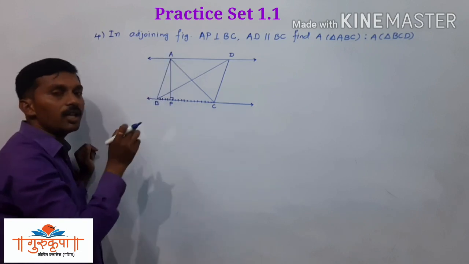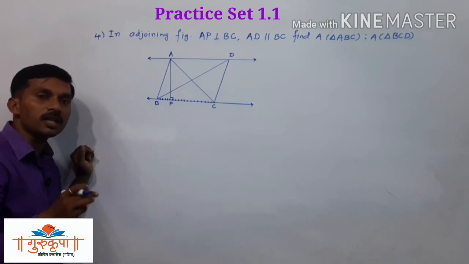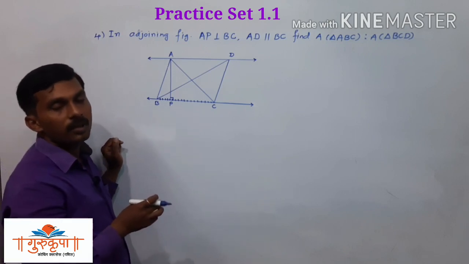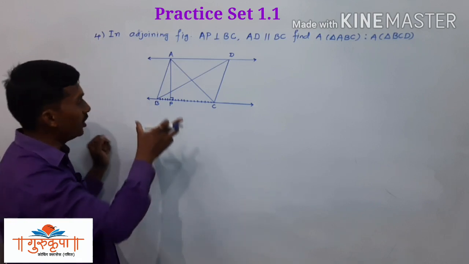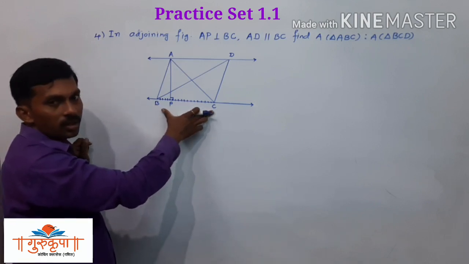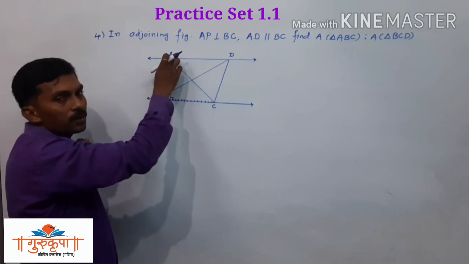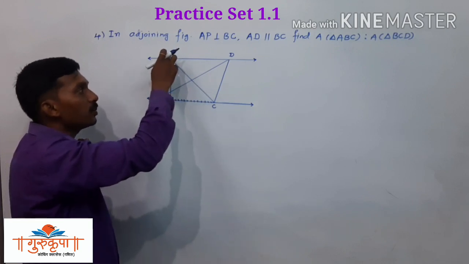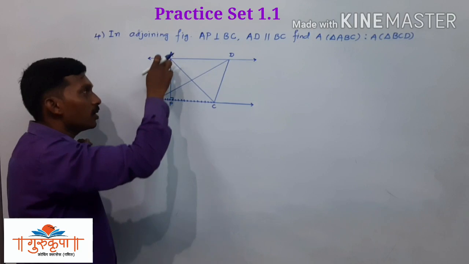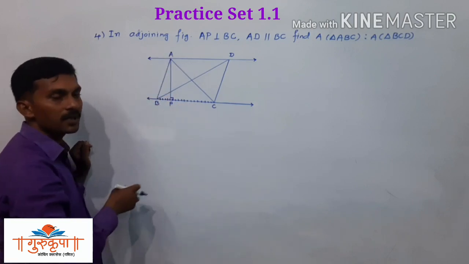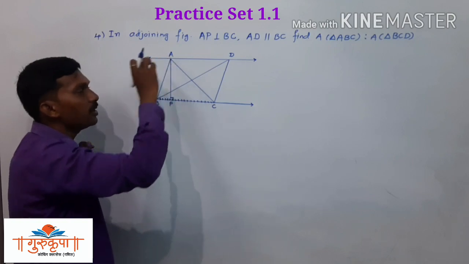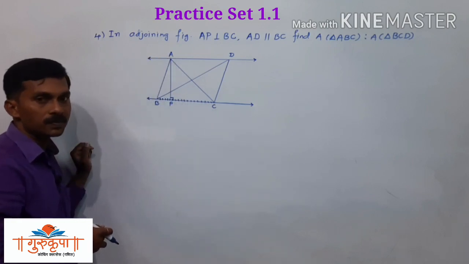The altitude or the height is the perpendicular segment drawn from the opposite vertex to the base. If this is the base, then the opposite vertex is A, and from the point A the perpendicular is already drawn to the segment BC. So if BC is the base, then AP is the height.